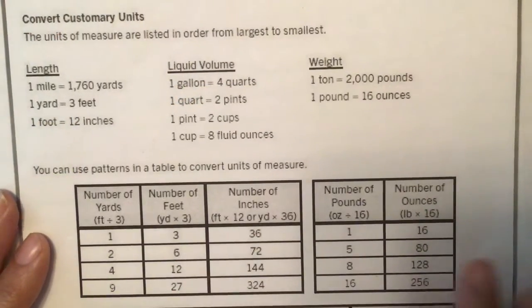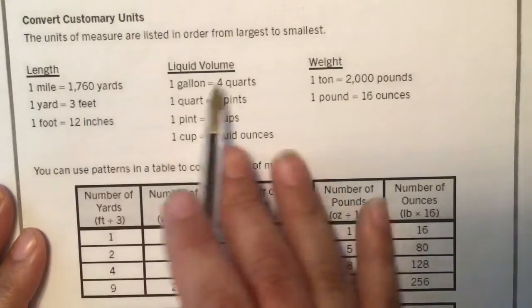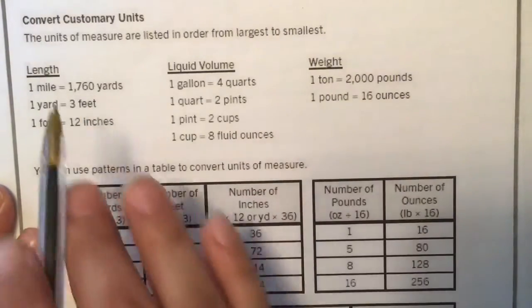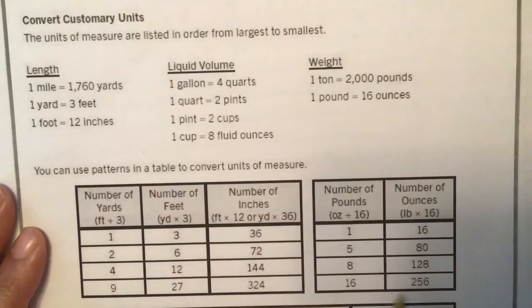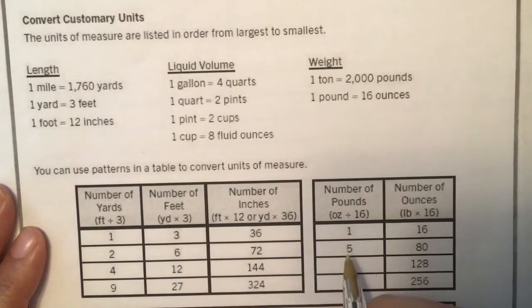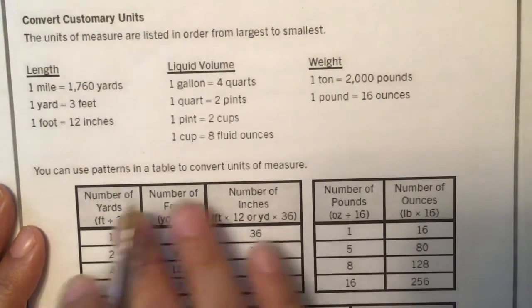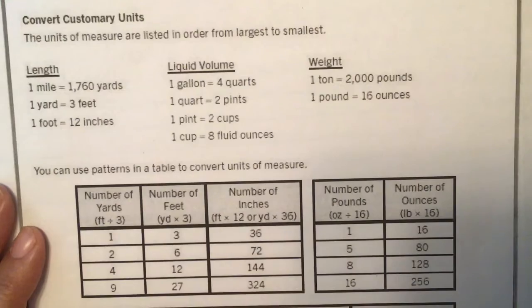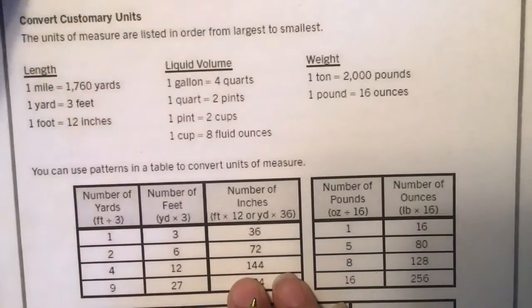So we have our worksheet right in front of us, and right up here we have our customary units already labeled for us. So this is a great visual for us to always refer back to, especially when it's given to us. Now, earlier this year, we learned about pattern tables or input-output tables. And right here, we've got some really great examples to help you figure out how to work the tables.